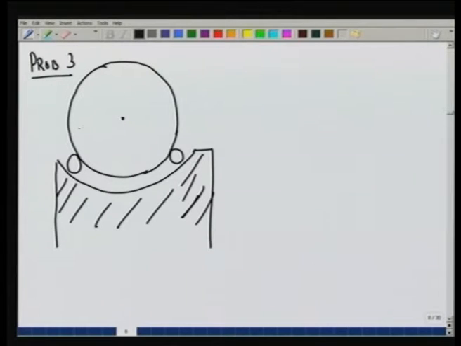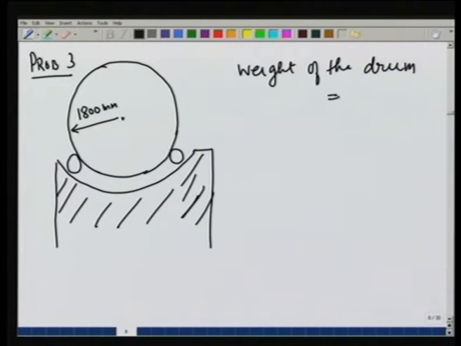The radius of the drum is given to be 1800 millimeters. Its weight is given to be 400 times 9.8 newtons, that is, it is a 400 kilogram drum.